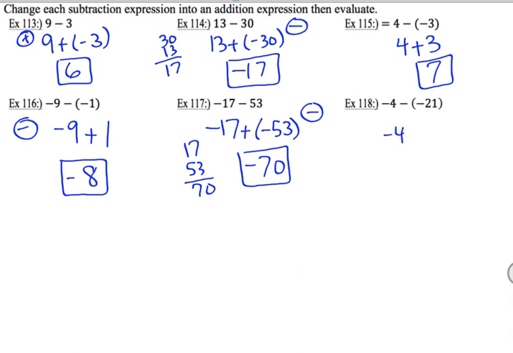Well, it's -4 plus the opposite of -21, which is +21. Notice in this that the first negative did not change. Make sure not to accidentally change it. So -4 plus 21. And then the positives are bigger, so they win. So the answer here is +17.